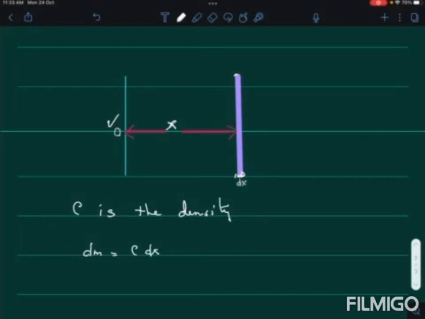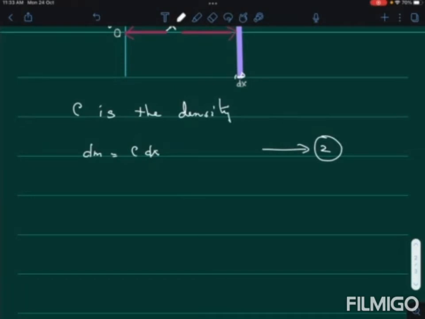Let's put this as equation number 2. As I told you earlier, we have y = a sin (2π/λ)(vt − x), the equation of a plane progressive wave.